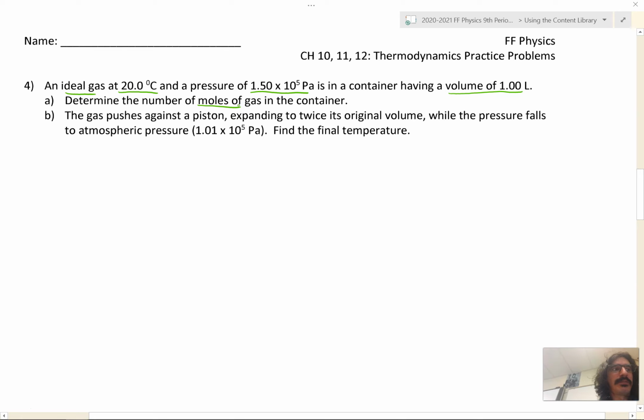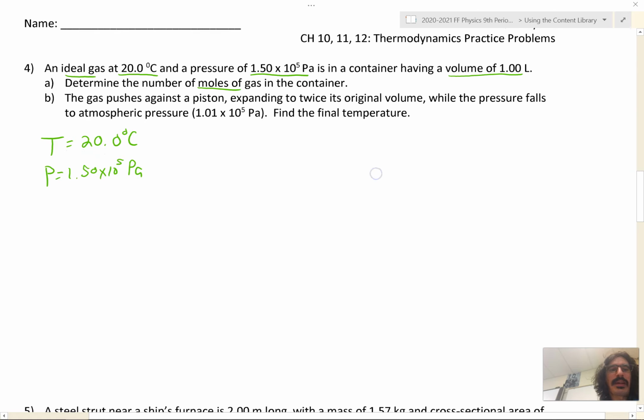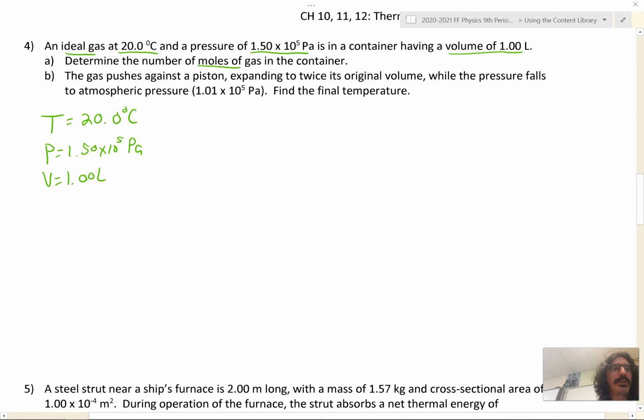Let's start with what we know. The temperature is 20.0 degrees Celsius. The pressure, 1.50 times 10 to the 5th pascals. And the volume is 1.00 liters. We can also look up R, the gas constant. And we have 2 of them.